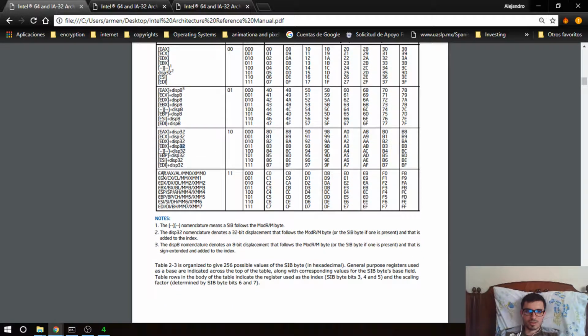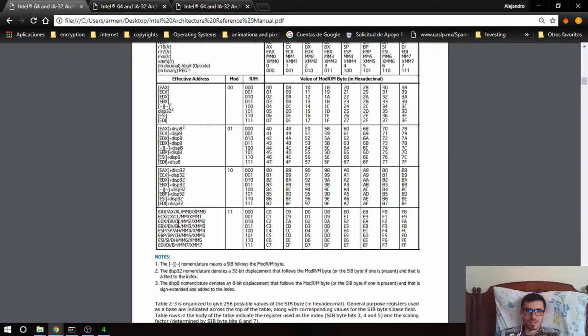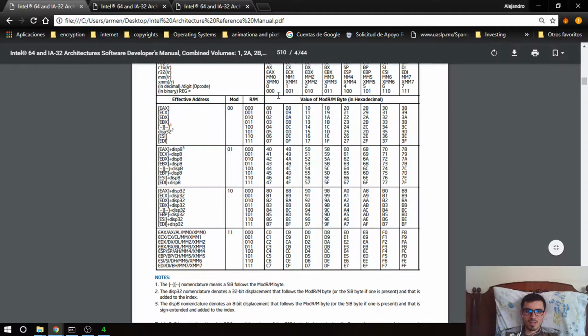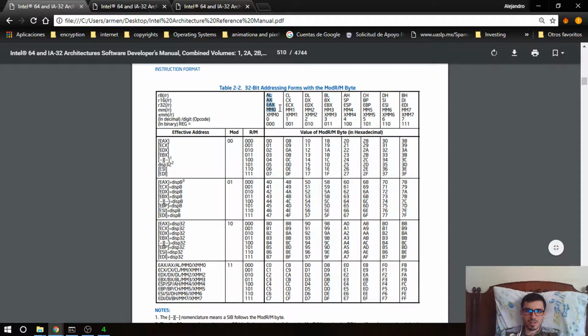And then all the registers: EAX, AX, AL, MM0, XMM0. If you see, they are the same idea, they are ordered the same way. You have the same five elements: EAX, AX, AL, MM0, and XMM0. So that's interesting, and that's important.